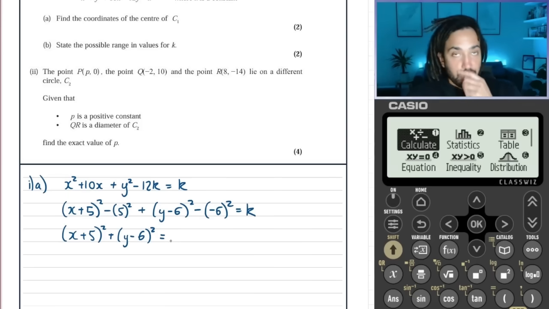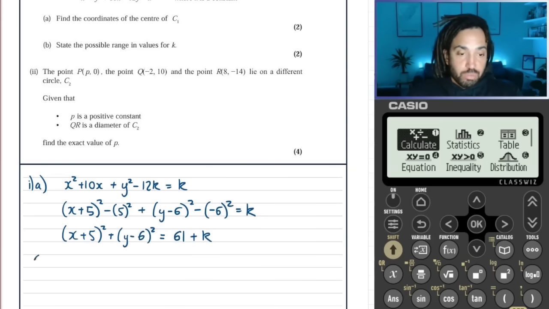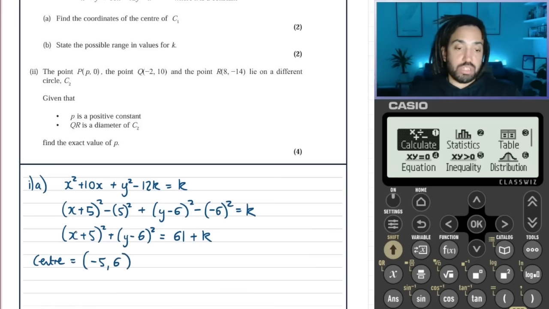So adding on 25 and 36 will give us 61, and then there's also k there as well. So we can therefore say the center of the circle is equal to minus 5 and 6, because the equation of the circle states that x minus a squared plus y minus b squared is equal to r squared, where a and b are the center of the circle.